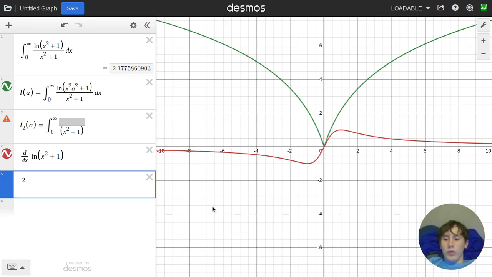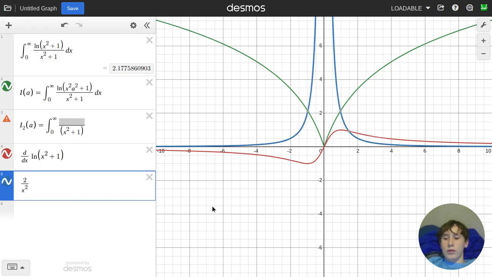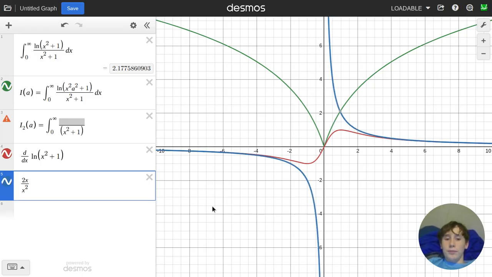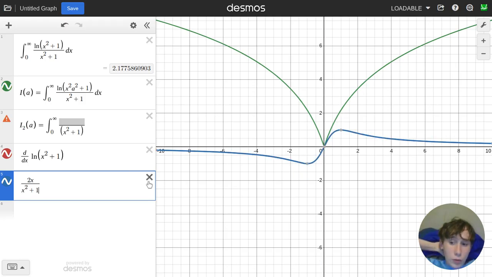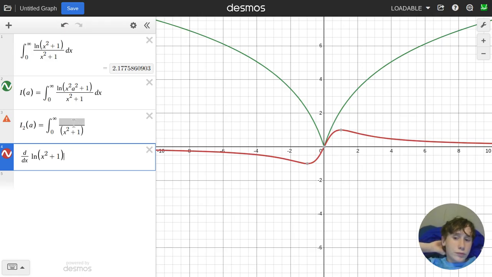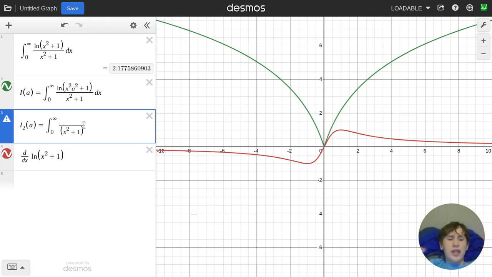It's the derivative over the normal function, inside the log natural. So we have 2a times x squared over the total thing, which is a squared x squared plus 1.